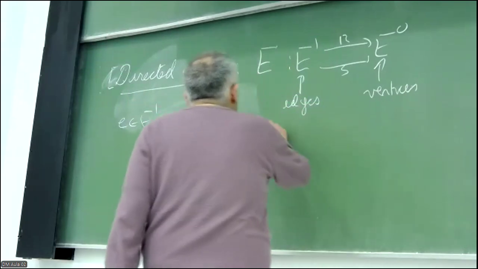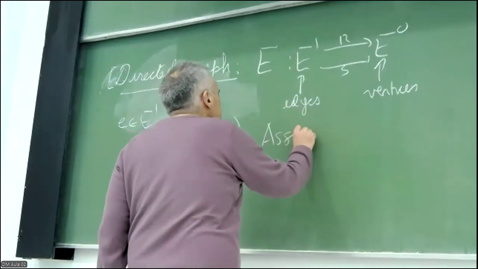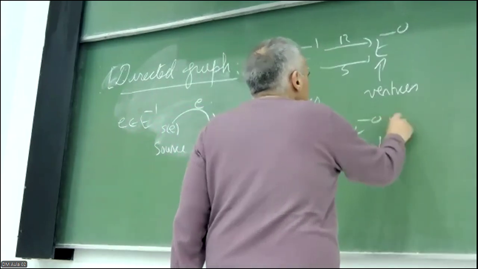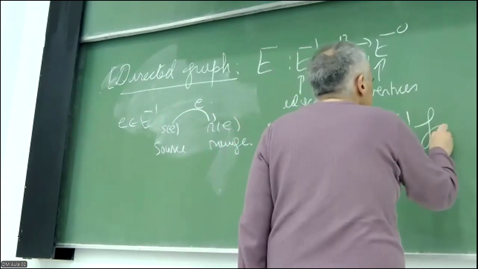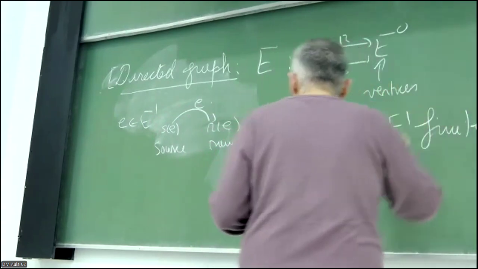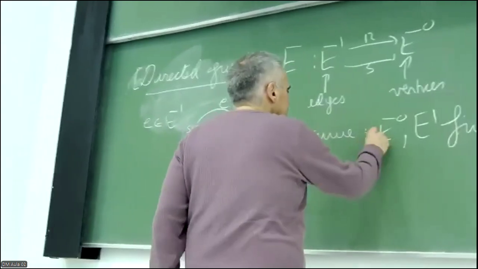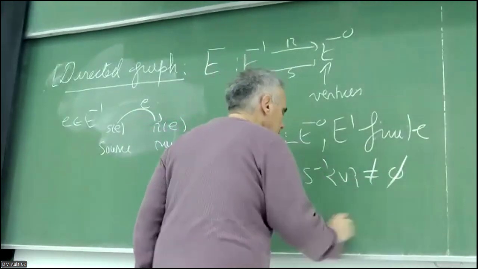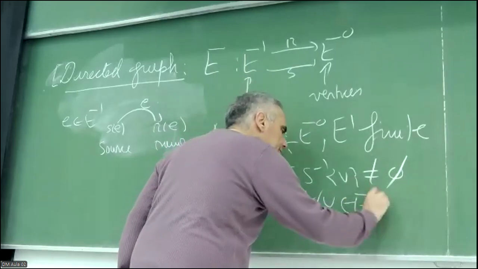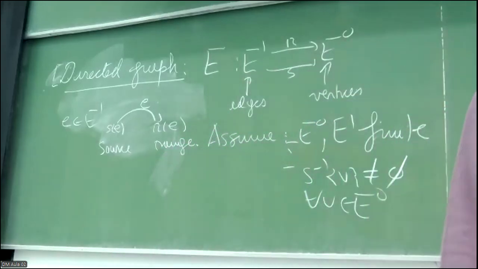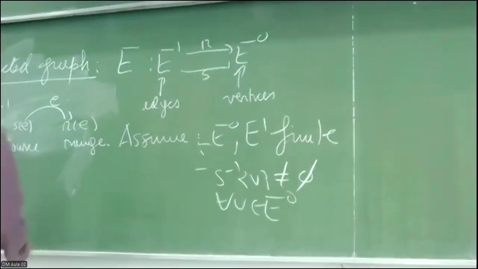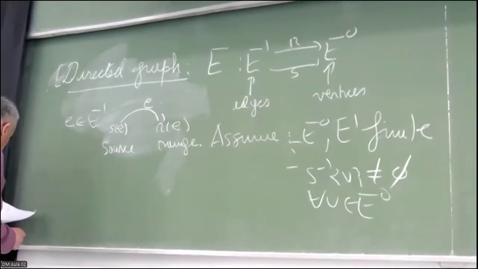Okay, we will assume for simplicity that E^0 and E^1 are finite, and that every vertex emits at least one edge. Okay? And so I have some further space here. Let me use it.